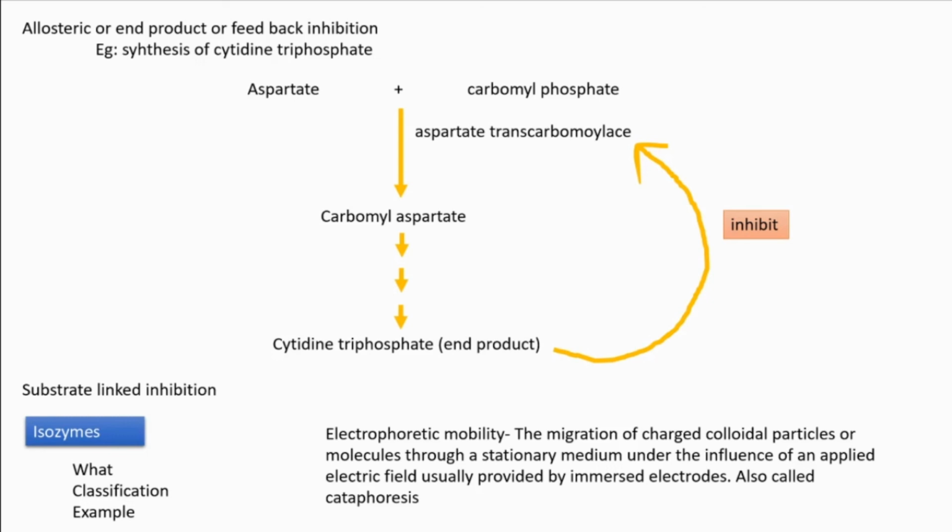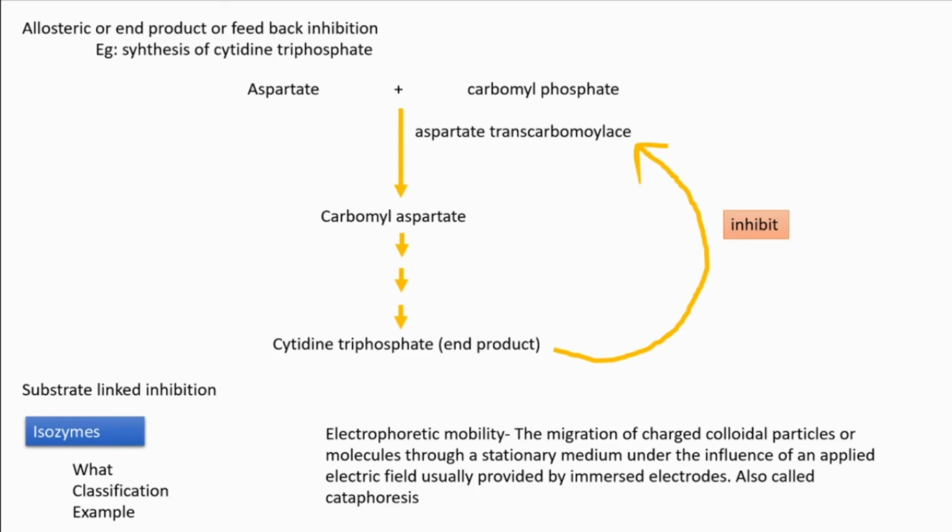This inhibition we can also reverse partially. Partially means how? By increasing the substrate concentration, by decreasing the end products, or by synthesizing more enzyme, we can partially reverse this type of inhibition.